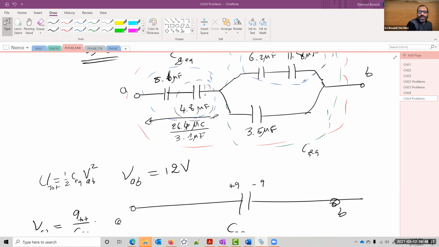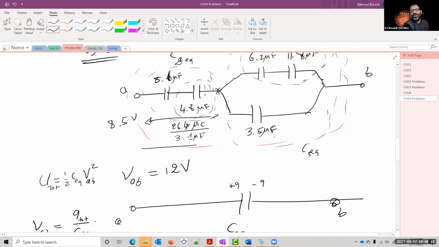So there is a voltage drop of 8.5 volt between this junction and A. Now I can ask you, how much voltage drop between this junction and B, if overall is 12 volt and just this portion is 8.5?